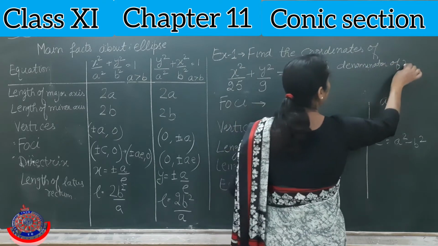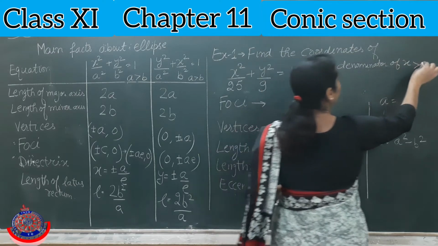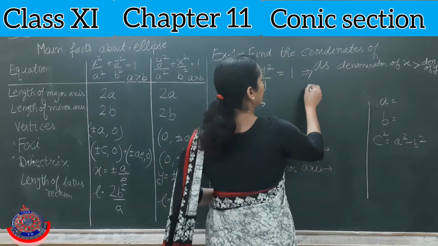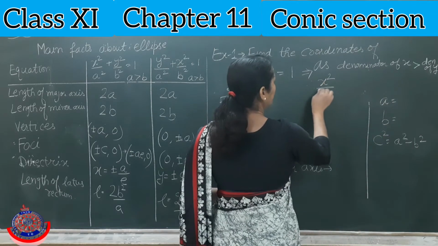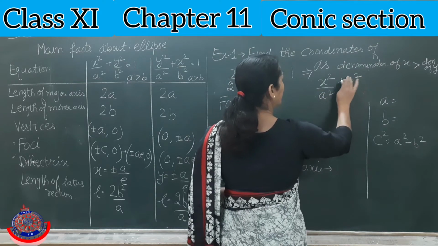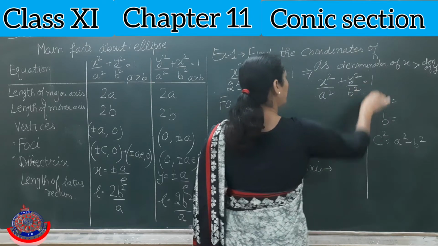Denominator of x is greater than denominator of y. Therefore, we are having equation as x square upon a square plus y square upon b square is equal to 1.